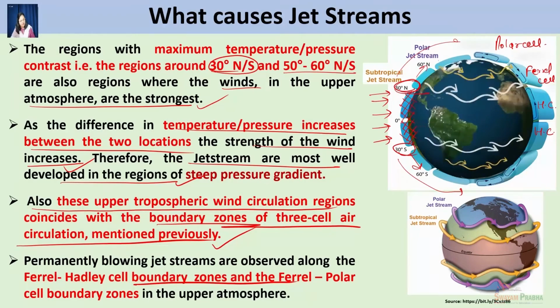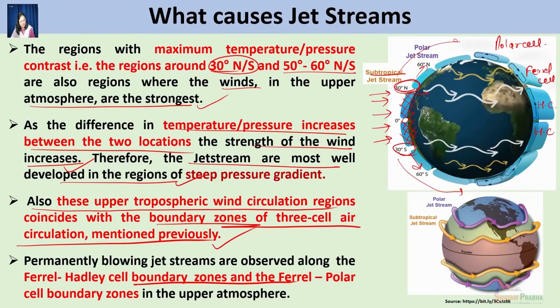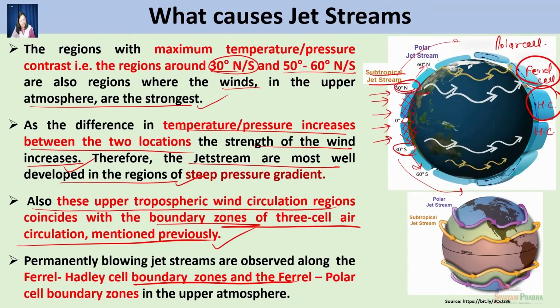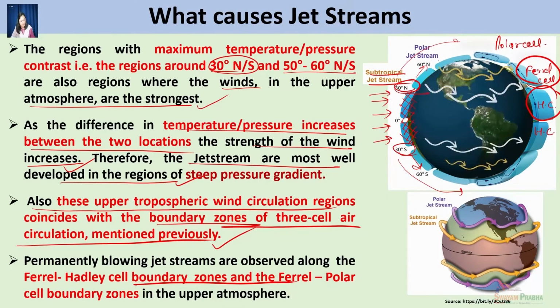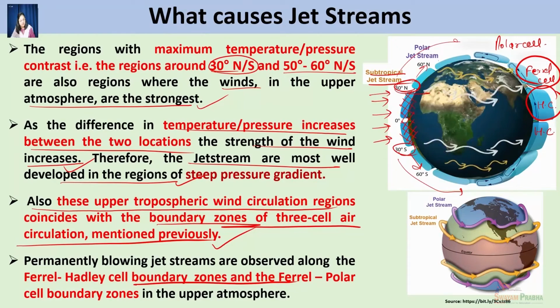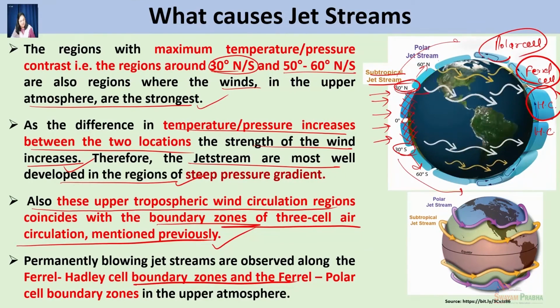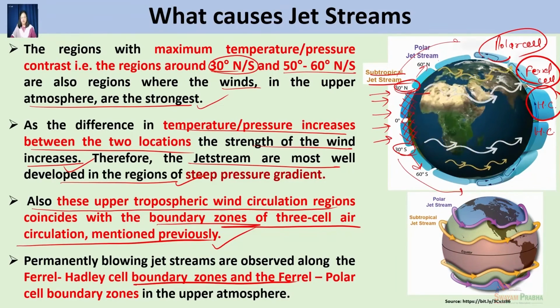For example, you have the subtropical jet stream which is located between the Ferrel cell and Hadley cell. Similarly, you have the polar jet stream which is located between the polar cell circulation as well as the Ferrel cell circulation.